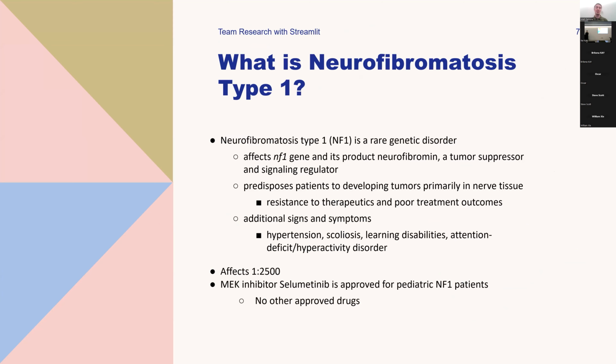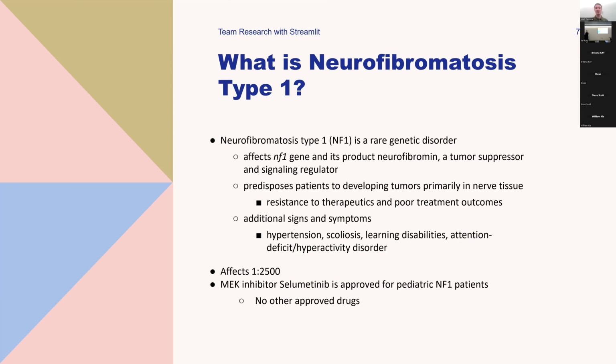So what is neurofibromatosis type 1? It's a rare genetic disorder. It affects the NF1 gene. It produces a protein called neurofibromin, which is a tumor suppressor and a signaling regulator. It's one of those involved in many pathways kind of proteins. So it's hard to say the one thing it is, but it is very much in the class of the oncogenes and something that is affecting downstream known oncogenes and cancer regulator proteins.